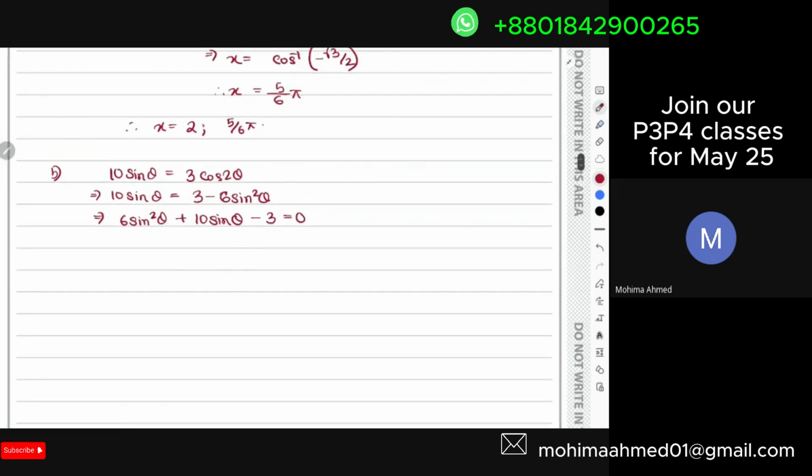And then again, after this, I just have to factorize this, but I don't think we can factorize this. So we just have to write sine theta as minus 10 plus minus the square root of 10 squared, over 2 times 6.